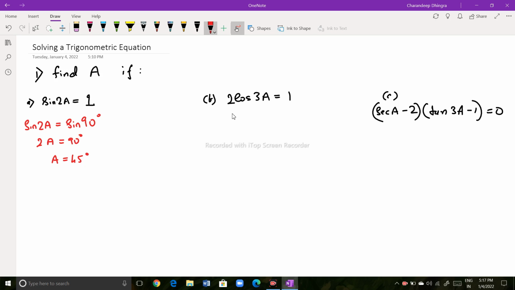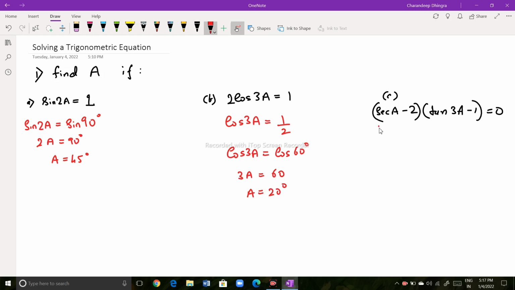In the second question, we can take 2 on the other side. So we have cos 3a is equal to 1 by 2. Half can be written as cos of 60 degrees. So 3a is equal to 60. So a is equal to 20 degrees.